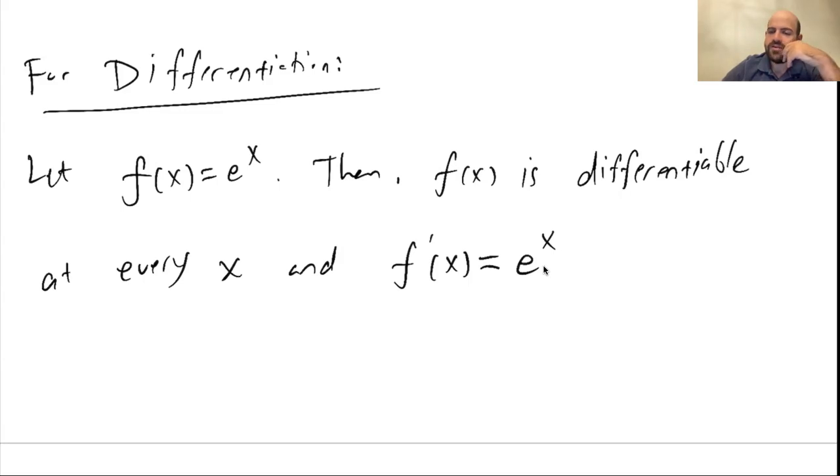But if you want your function to be non-zero, then that's the only answer so far, that e to the x has the interesting property that its derivative is the original function. Other than this function, you can show that if you multiply this function by a constant, like 5 times e to the x, that function also has the same property that f prime of x will be the same as f of x itself.